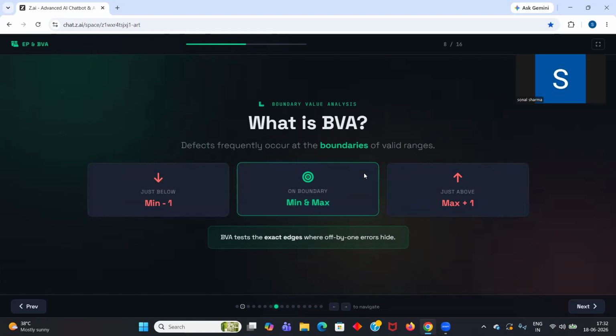It detects frequently occurring errors at the boundaries of valid ranges. Boundary value analysis asks you to test the boundary as well as just below the boundary and just above the boundary. Boundary minus one, boundary plus one, and the boundaries. That helps you test the exact edges where off by one errors hide.